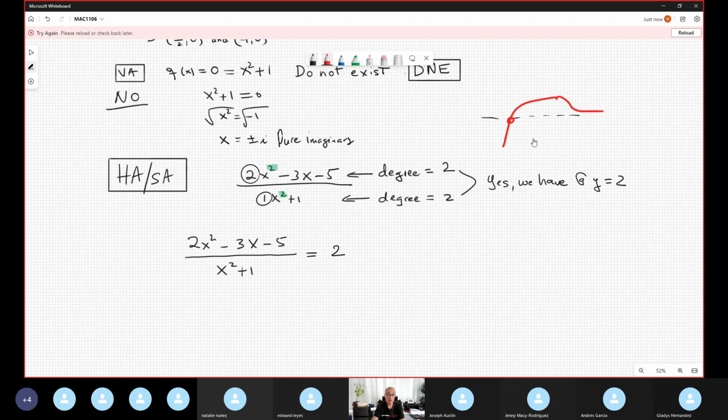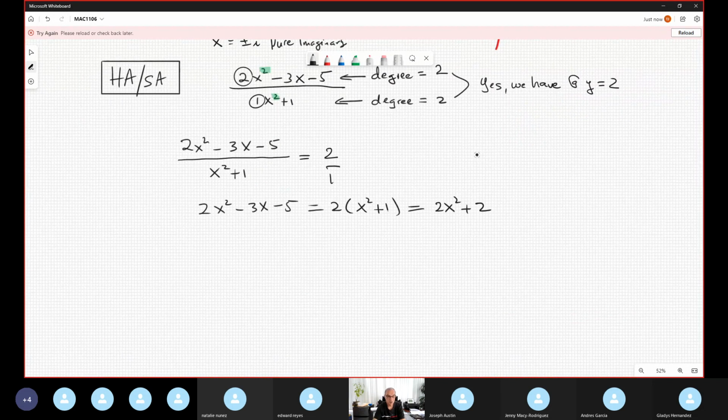I have no idea, but I try to investigate. Now cross multiplication, as always: 2x squared minus 3x minus 5 is equal to 2 times x squared plus 1. You distribute it, 2x squared plus 2. My equation so far is 2x squared minus 3x minus 5 equal to 2x squared plus 2.